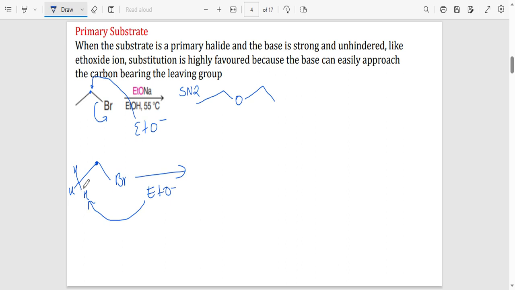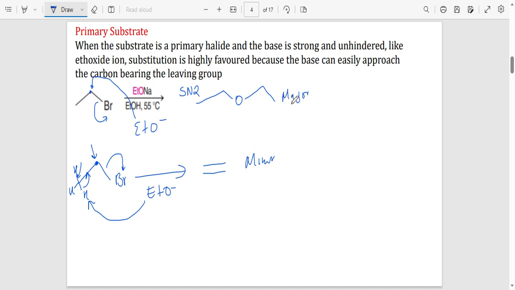When it is grabbed, the bond is going to be broken here because carbon is more electronegative than hydrogen, so it takes up those two electrons. When that happens, this bond will also be broken. So you remain with a compound that contains two carbons. Because this bond is being broken, you form another bond, so you are going to have a double bond. So the product will be ethene. Now this one is going to be a minor product, and the SN2 product is going to be the major product.